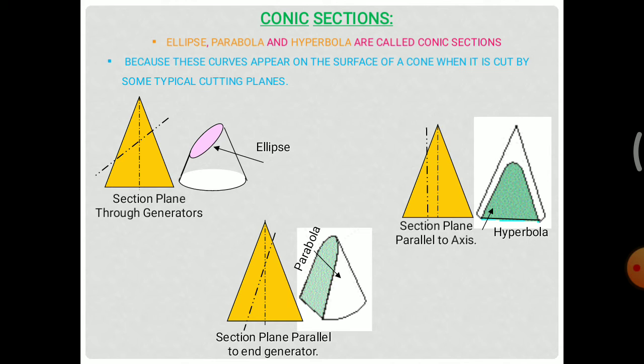The first one is the ellipse, which is formed by cutting the plane through the two generators and axis. Parabola is formed by cutting the plane parallel to one of the end generators, and the other one is cutting through the axis. And the third one, hyperbola, is obtained by cutting the plane parallel to the axis of the right cone.